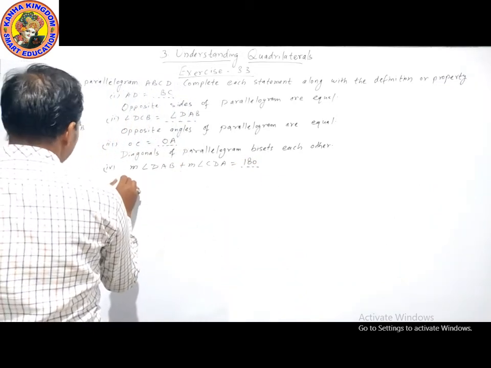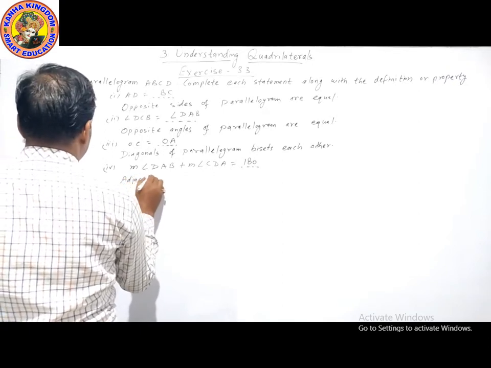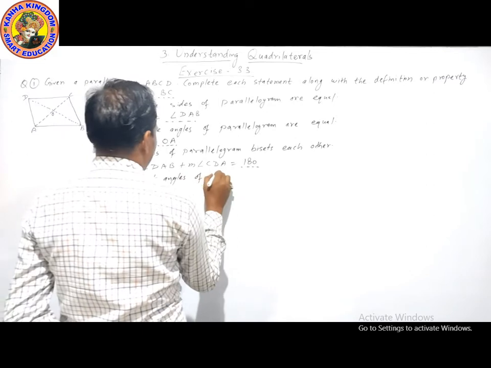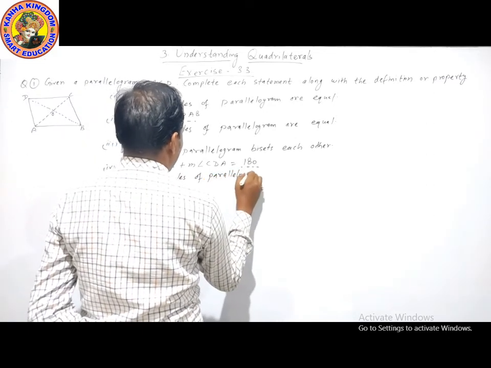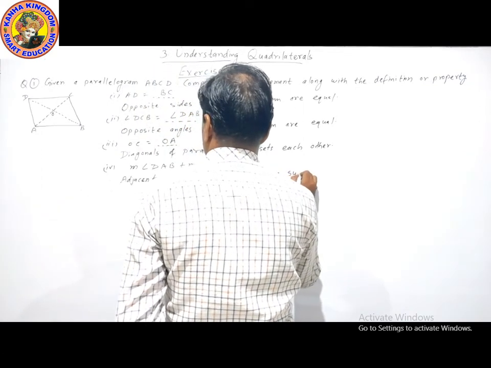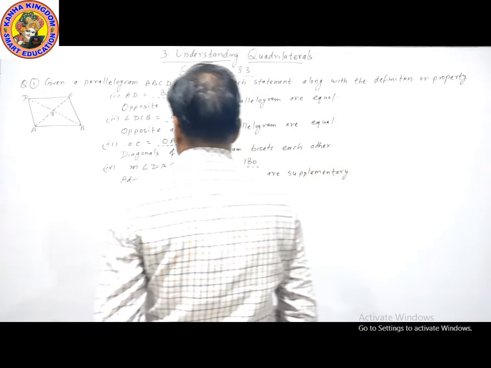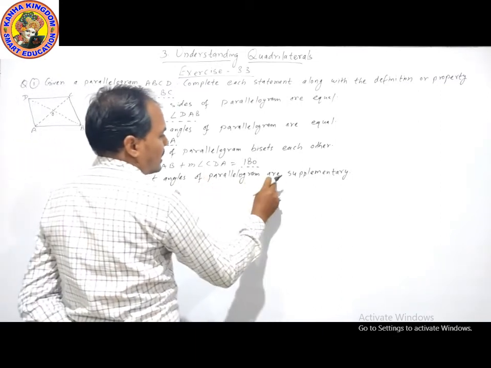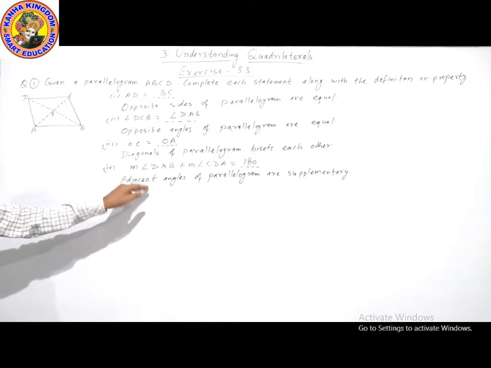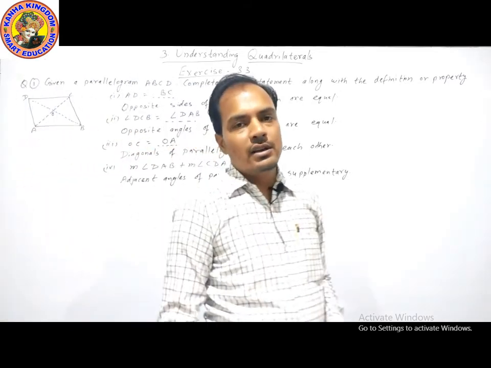Reason: adjacent angles of a parallelogram are supplementary, meaning the addition of adjacent angles is 180 degrees. You can take a screenshot of this. We will move to our next question.